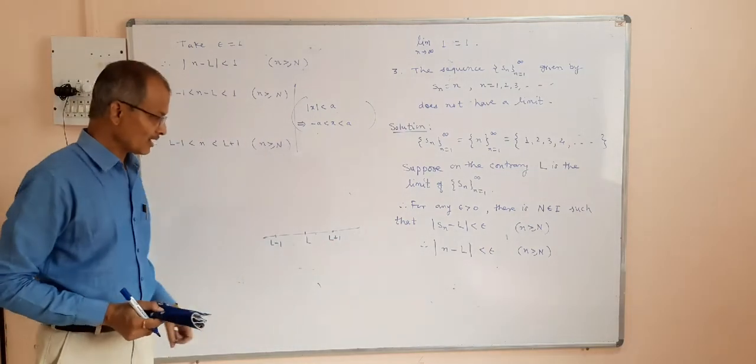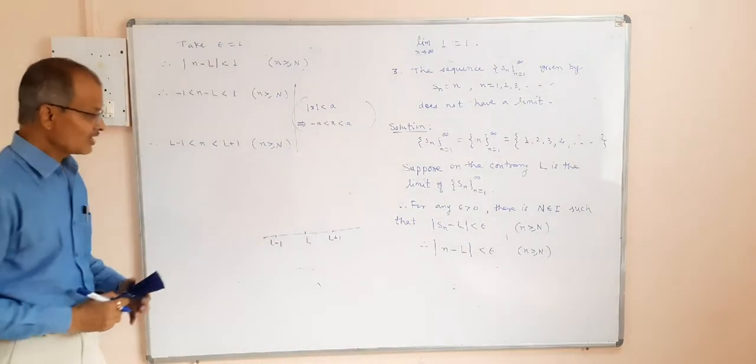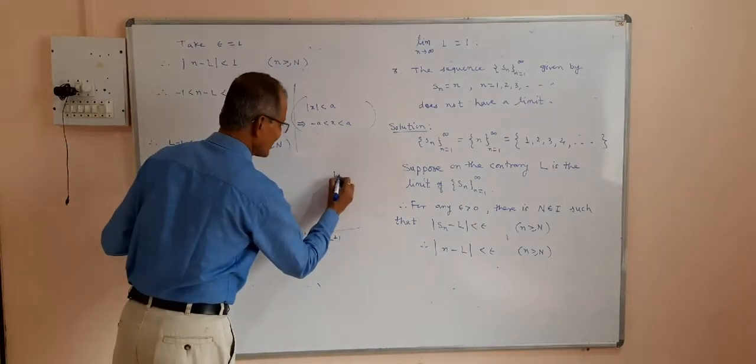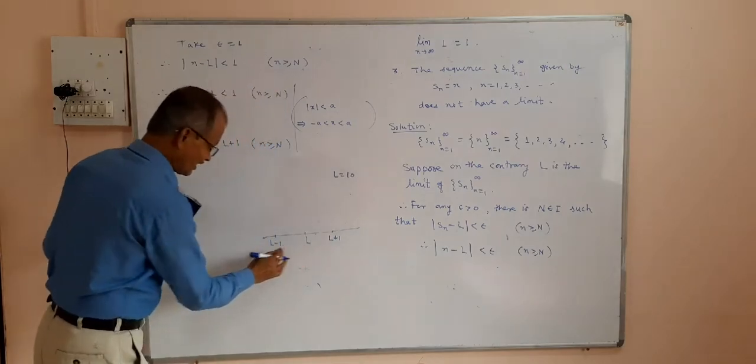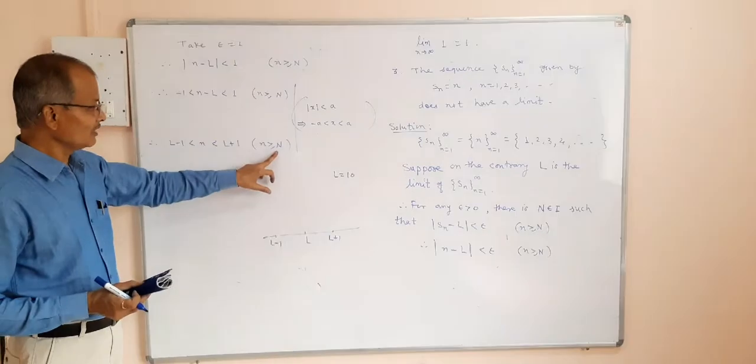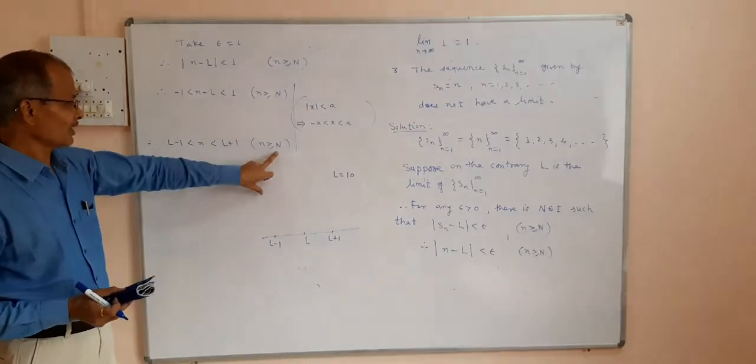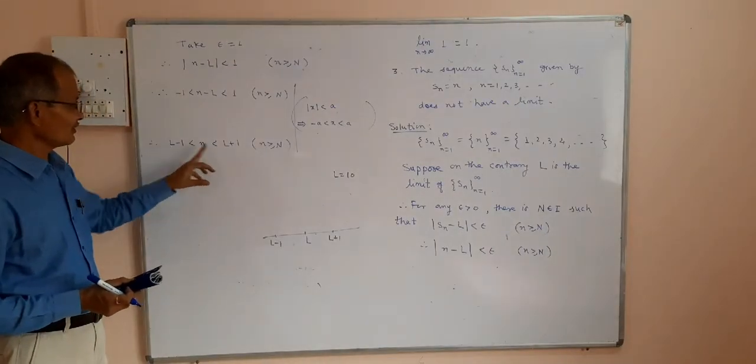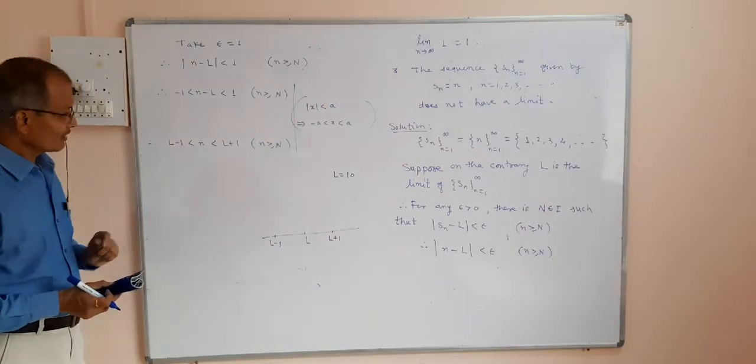Suppose L is say 10, then this is 10, this is 9, and this is 11. And what this says is that for every integer n greater than or equal to capital N, the term lies between L minus 1 and L plus 1.